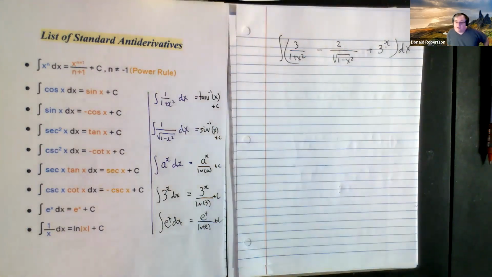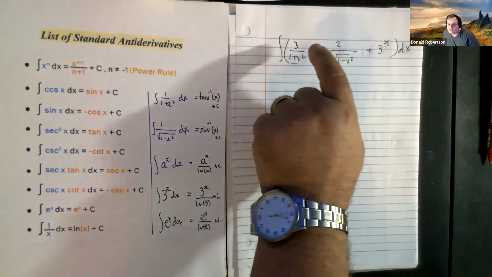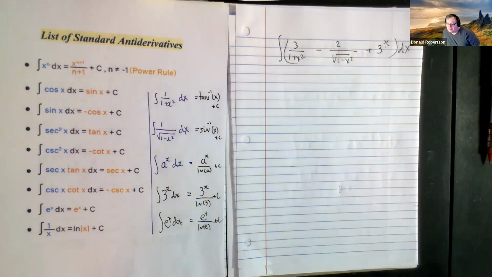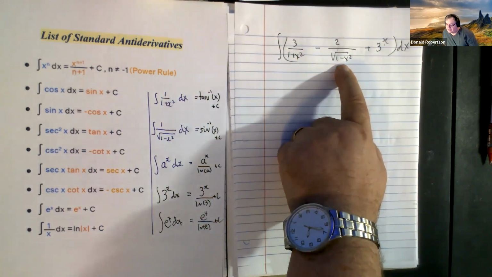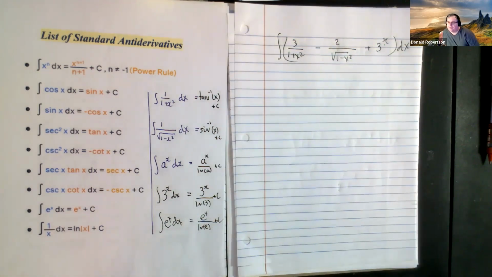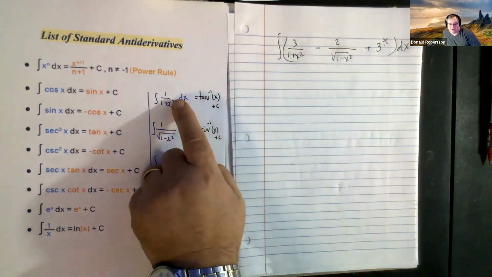First things first, I do not need to do anything to these three guys. I don't need to rewrite them as, I don't know, 1 minus x squared to the power of negative half. I do not need to algebraically change them at all. And the reason for that is that each one of these pieces has an antiderivative.